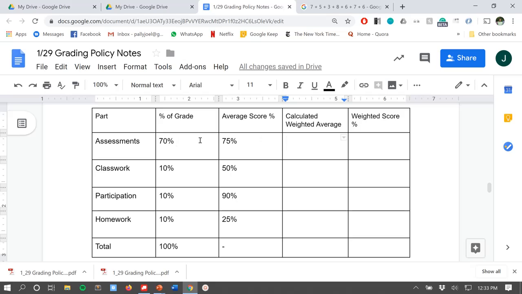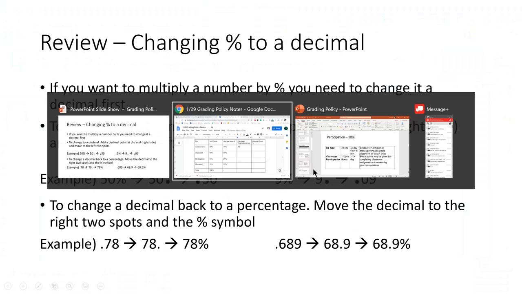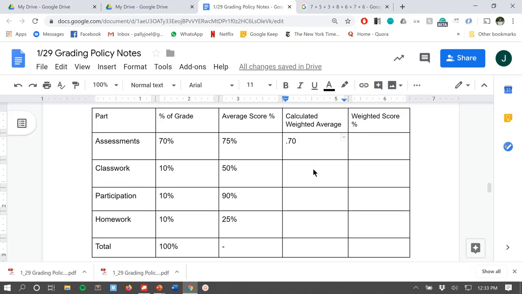So let's convert 70% to a decimal. That's going to be moving over the decimal 2 spots to the left. So 70% becomes 0.70. Then we have 75%. We're going to move that over 2 spots. 1, 2. And then that's going to change to 0.75.